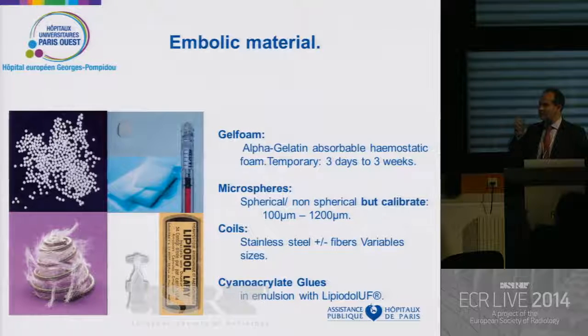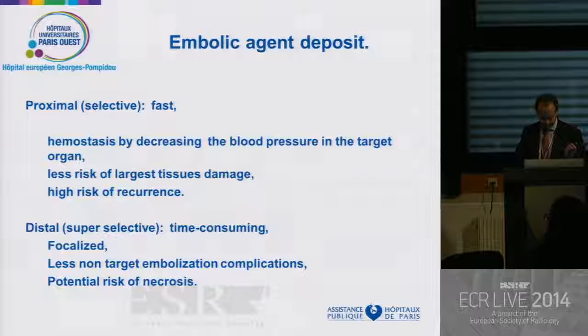You have to use calibrated spheres because it is obviously wrong to use something very big in a very small vessel. We also have coils, which are small stainless steel coils with fibers to increase thrombosis. And we have cyanoacrylate glue that we can use in emulsion with Lipiodol. Lipiodol is the oldest contrast agent available.